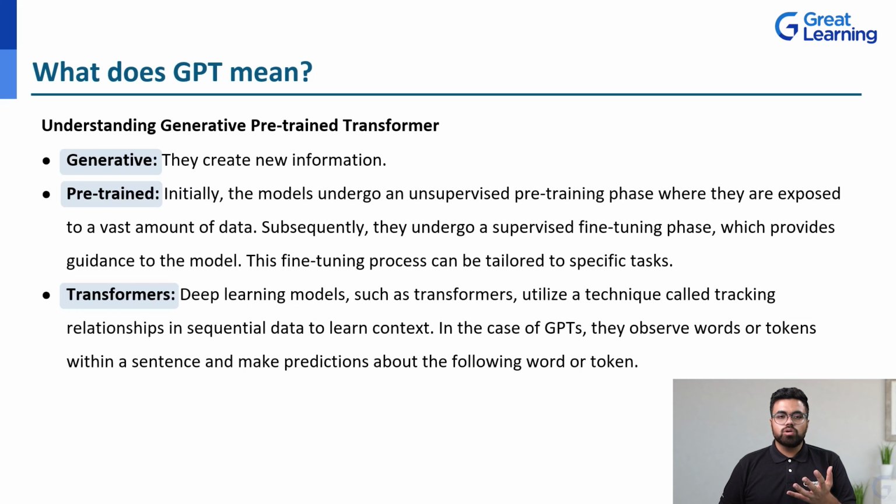Now when we talk about GPT, let's dissect these words: generative, pre-trained, and transformer. What does this mean? Generative means it creates new information for you. Pre-trained means that initially the models undergo an unsupervised pre-training phase where they're exposed to a vast amount of data. Random data is given to it, and the model then divides it into segments and understands it in its own way.